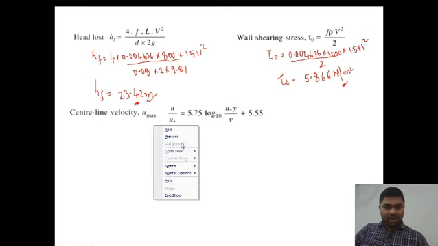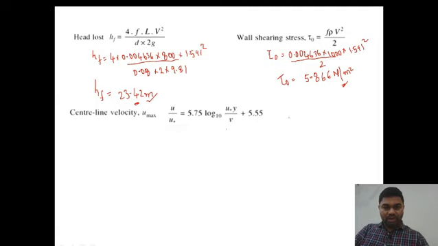So in this scenario, we need to replace y with radius R, because the maximum velocity occurs at the center of the pipe. Only when y is equal to capital R does the maximum velocity occur.